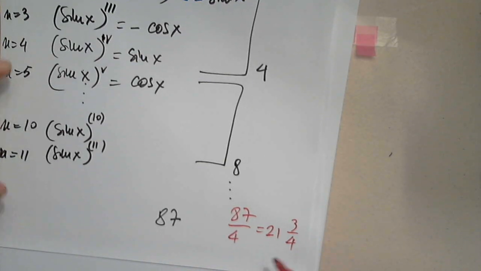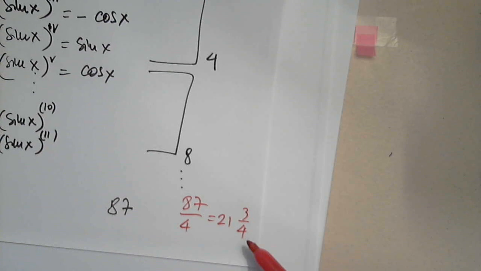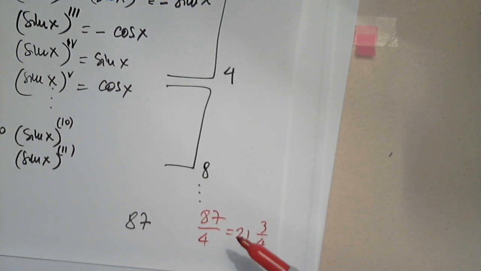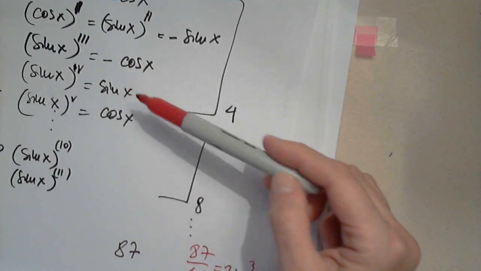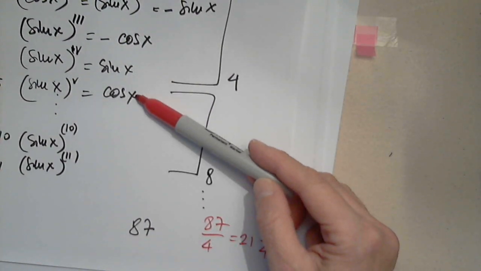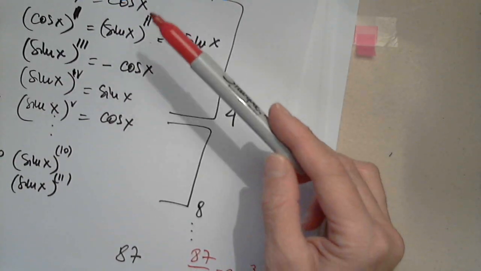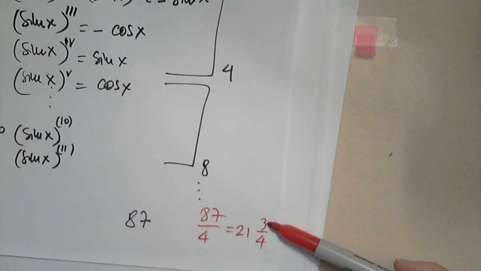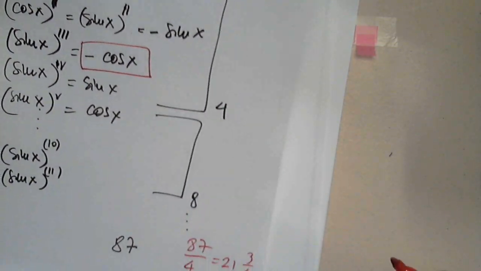I don't need the decimals, I need the mixed number. Is that correct? Yes. So if 21, it's 1, 2, 3, 4, and 21 will be this, 22 will be this, 23 will be this. So 21, 22, 23, that's the next one, the third one. So it should be this.